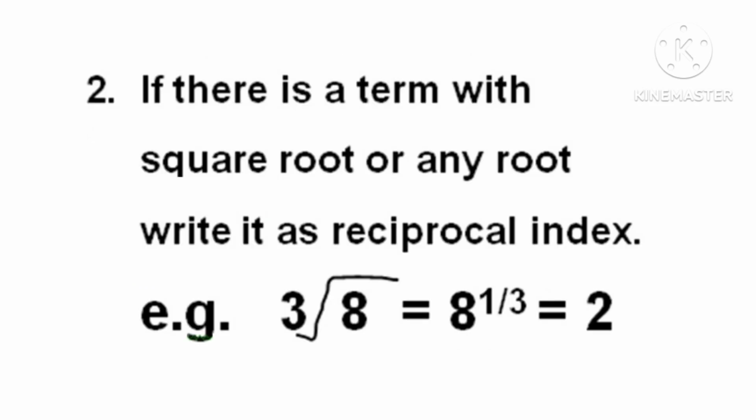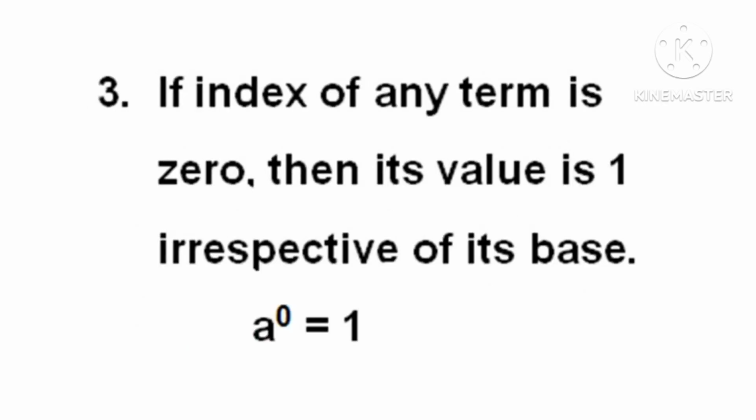2. If there is a term with square root or any root, write it as reciprocal index. For example, if there is a term with cube root, then write its index as 1 upon 3. 3. If index of any term is 0, then its value is 1, irrespective of its base. 4.